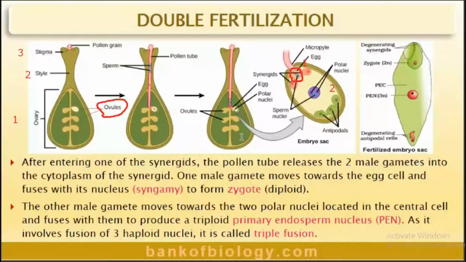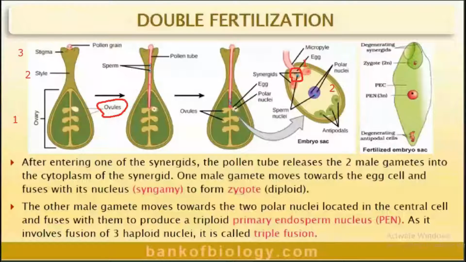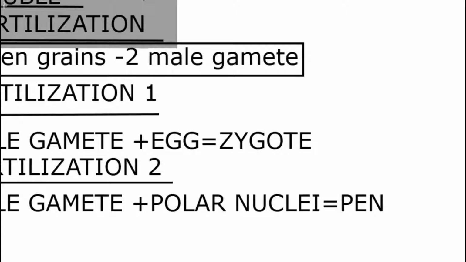Since there are two types of fertilization, it is known as double fertilization. First, the fusion of the female egg with the male gamete. As we all know, pollen grains consist of two male gametes.